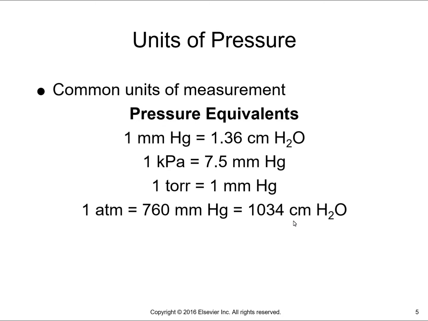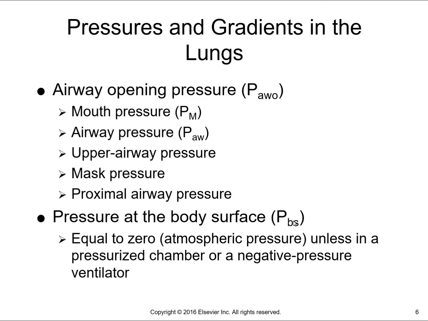Now, the very bottom: 1 atmosphere equals 760 millimeters of mercury. That should look familiar, because I believe you use that in your A-a gradient. Correct me if I'm wrong in the comments section, because that's more of a 210 concept, and I tend to forget concepts that don't deal with mechanical ventilation directly.